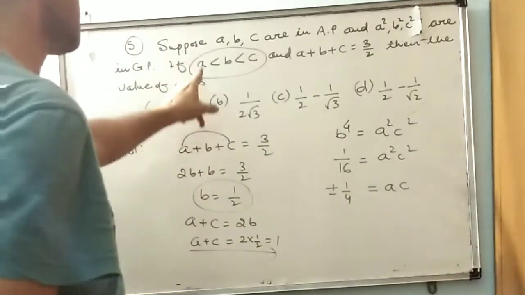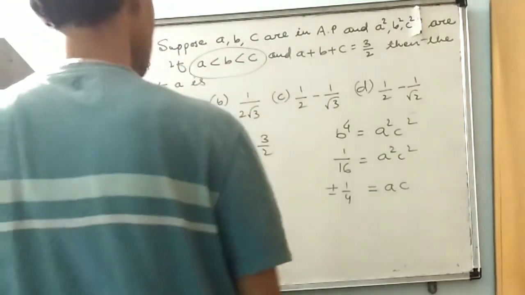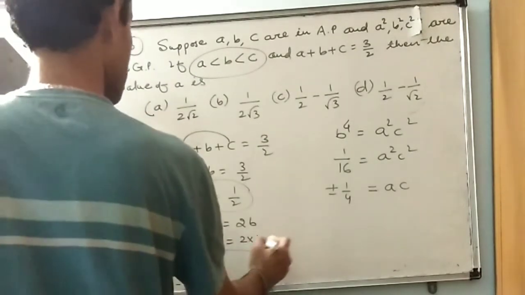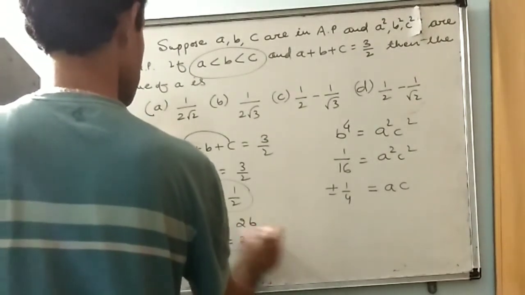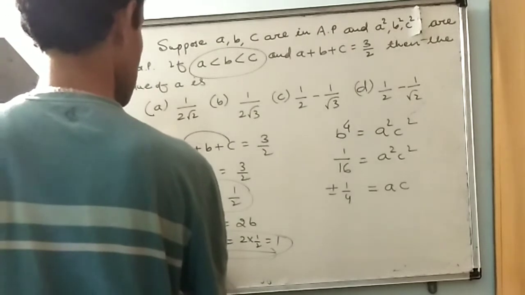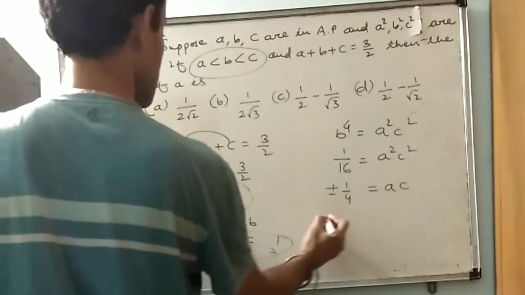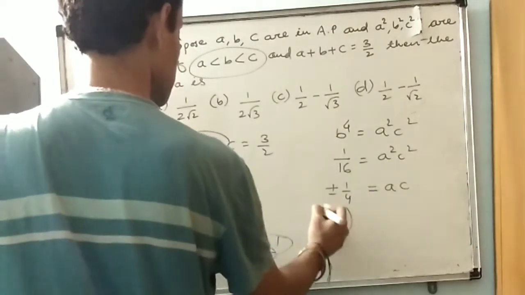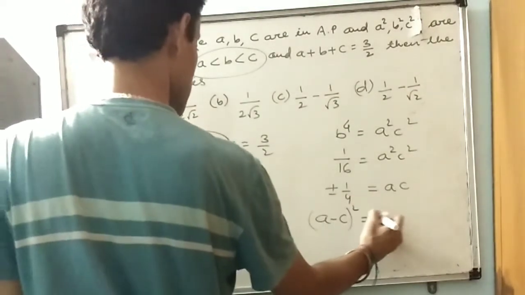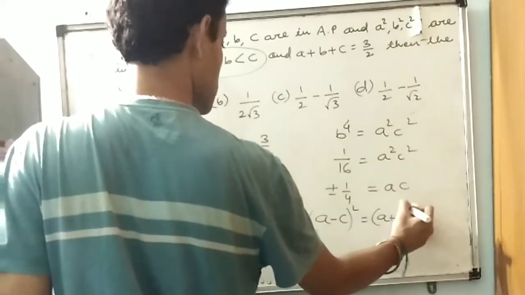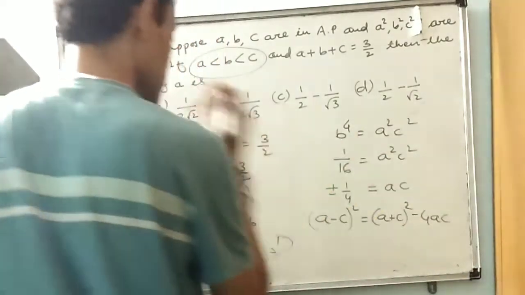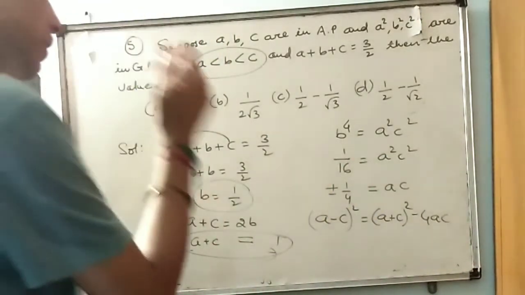Now, this situation has to be used. We know A plus C is 1. And just use this identity: A minus C whole square is equal to A plus C whole square minus 4AC. A plus C is 1.